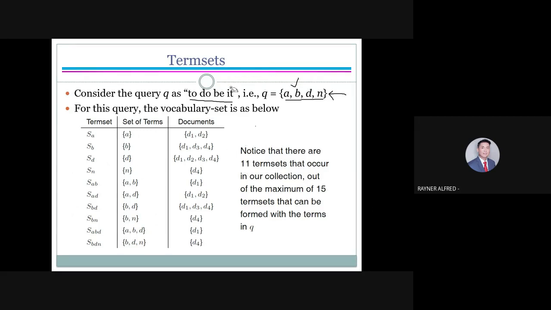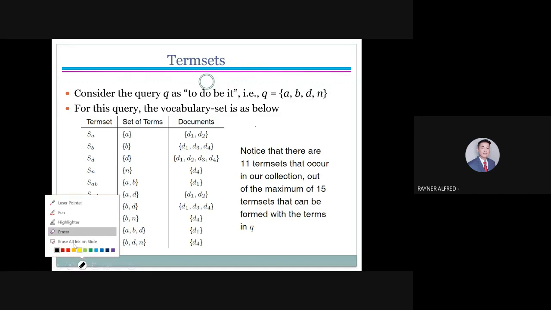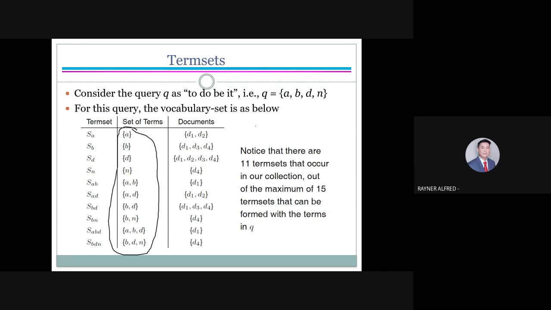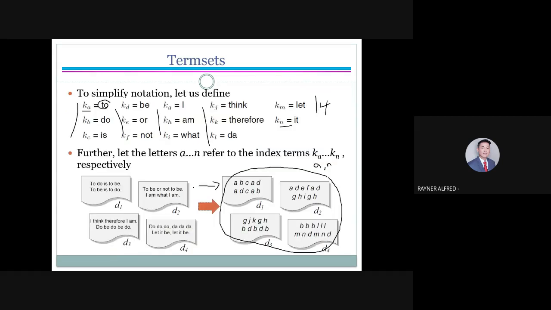Once you get all this, then for term set A, we are looking at which documents contain this symbol A. So we just go back to here. So document 1 and document 2.